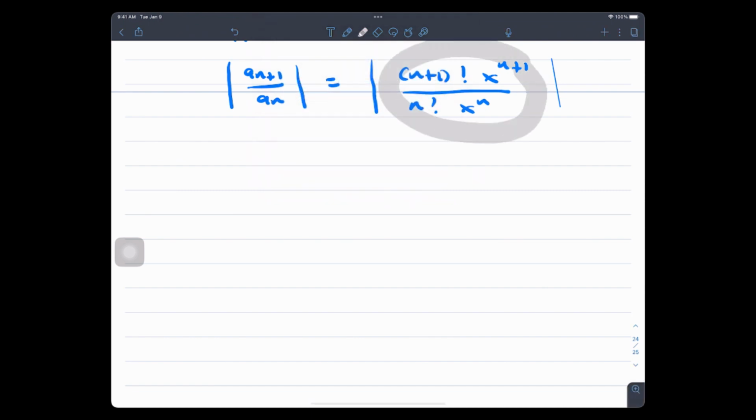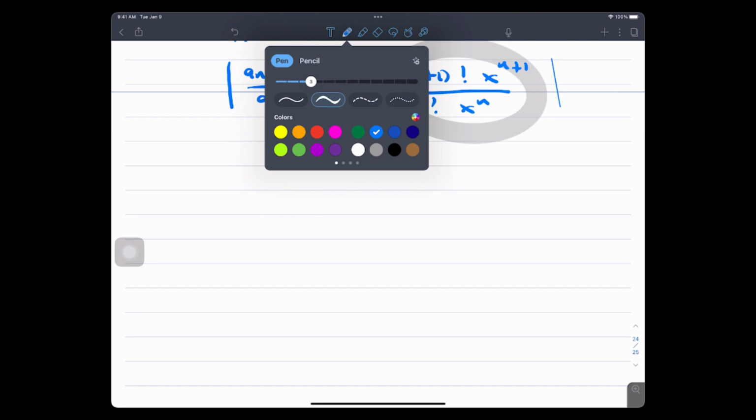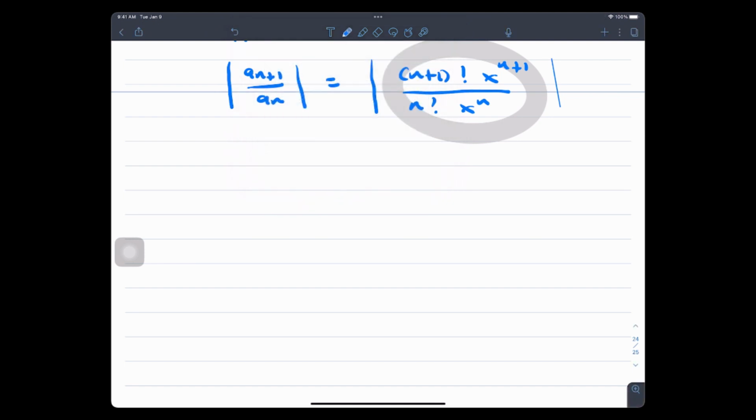You want to use algebra and the definition of factorial. So what do you replace (n plus 1) factorial with? n plus 1 times n factorial. What about the algebra here? Isn't that x to the n times x to the first power? Then you have the n factorial x to the n here.